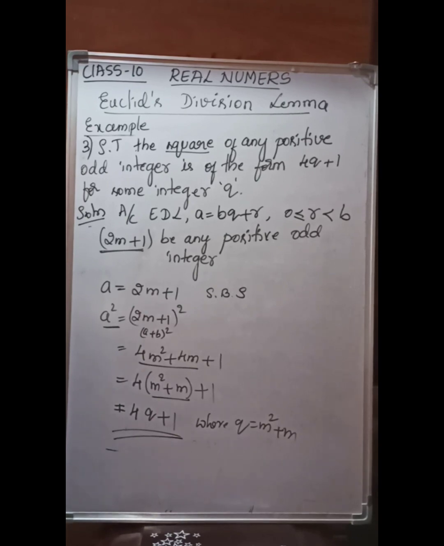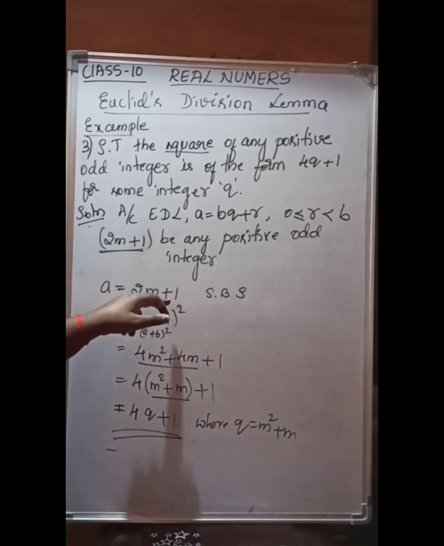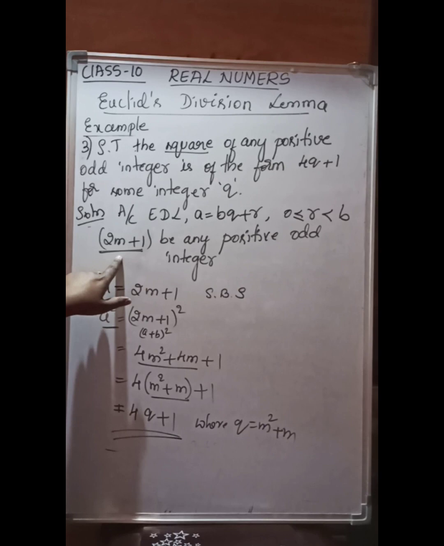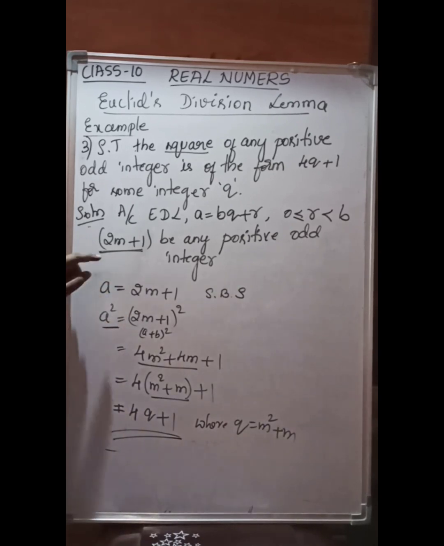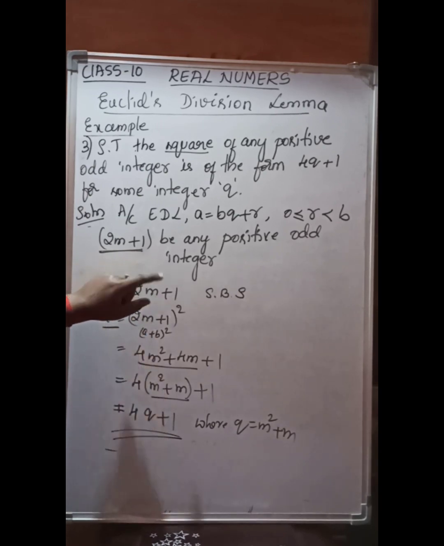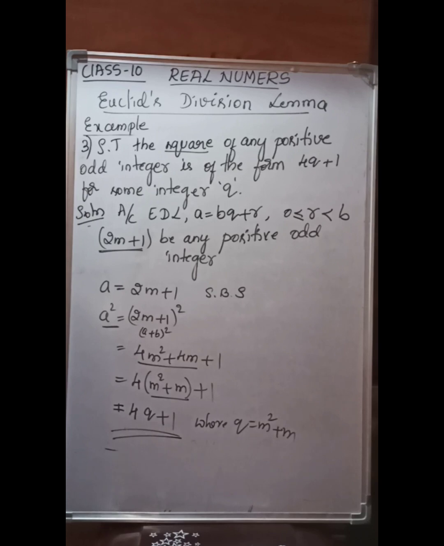Clear? Or you can consider 2m plus 2 because that is even positive integer, no, like that. Here they asked odd, so I consider 2m plus 1. You may have doubt here why I consider 2m plus 1, right? Because it is the first odd integer we had. Next odd integer 2m plus 3 also you can consider, nothing wrong in that.